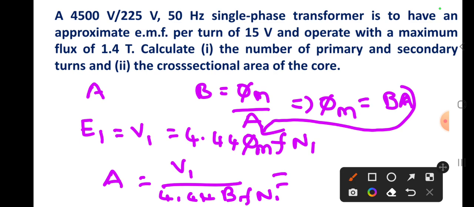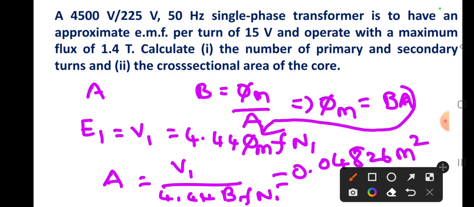N1 is 300. Now how much is this value? A is equal to 0.04826 meter square. The second is also over.